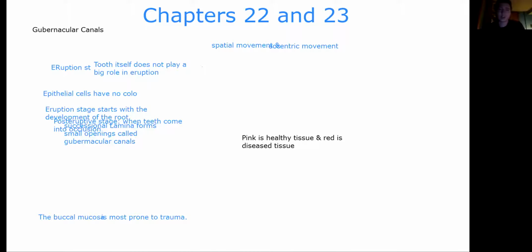It forms the gubernacular cord, which forms the gubernacular canal, right? Nope, you're thinking of one structure that does that, but it's not the dental sac. The cementum, alveolar bone, and PDL. Very good. Let me start a new page.